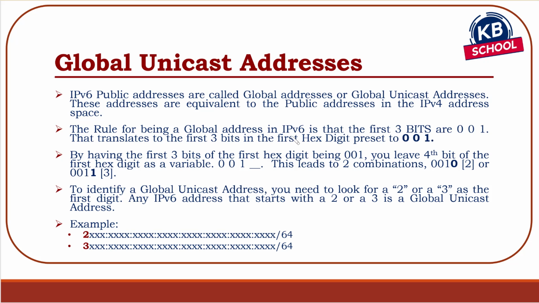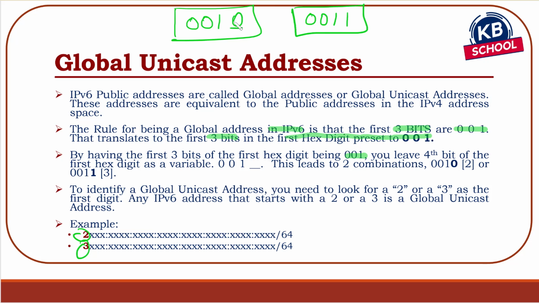The rule for being a global address in IPv6 is that the first 3 bits are 001. That translates to the first 3 bits of the first hex digit being 001. By fixing the first 3 bits of the first hex digit to 001, you leave the 4th bit as a variable, and that's what I was trying to explain. This is the first hex digit, so it is a 2 or a 3: it becomes 0010 or 0011 because the 4th bit is a variable.